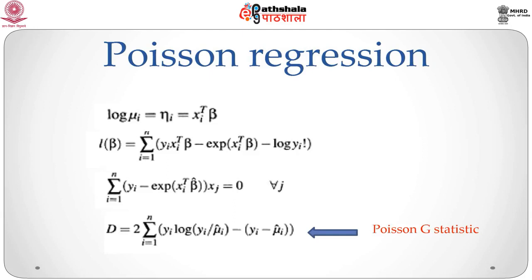To get a measure of goodness of fit, we can construct the deviance statistic, which we know is given by D equal to twice summation i=1 to n yi log of yi by mu i hat minus yi minus mu i hat. The Poisson deviance statistic is also known as the G statistic in the literature.